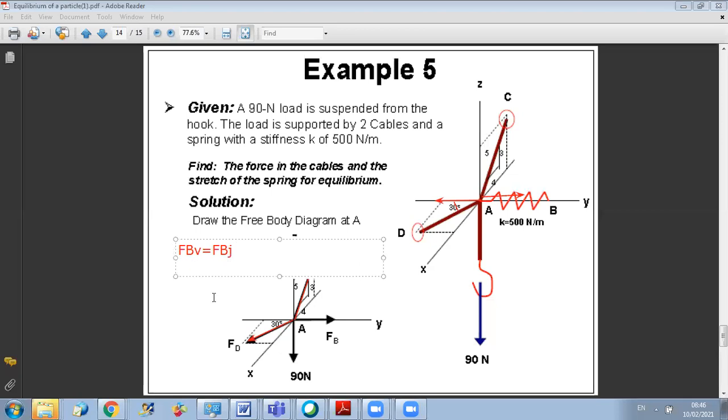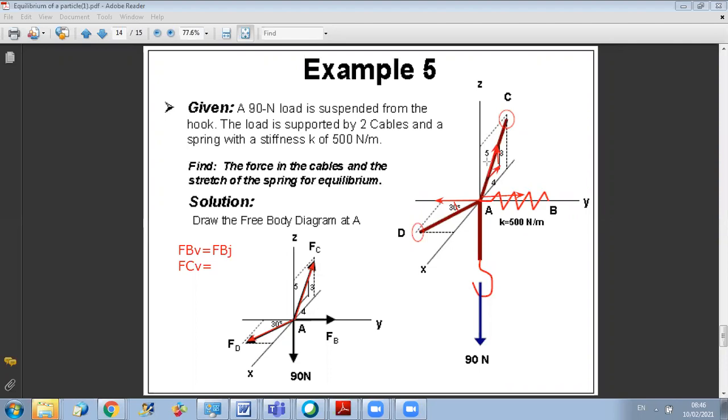Now concerning force FC, the vector is equal to, I have two components, one along i, one along k. To determine these components, I simply do projections. You see here these dimensions, 4, 3, and 5. You remember, if they gave us these dimensions, we are able to find this angle here.